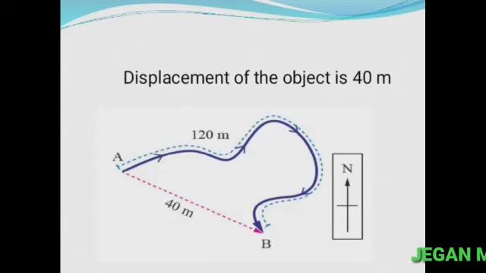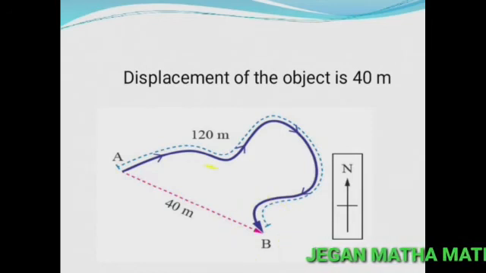So next, see the picture. The path of an object traveling from A to B. So here the path is given.